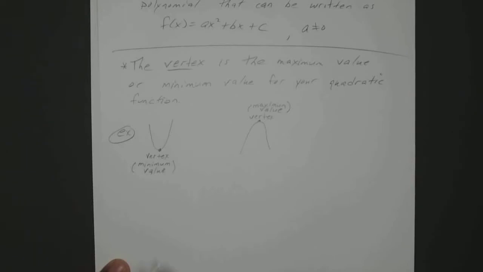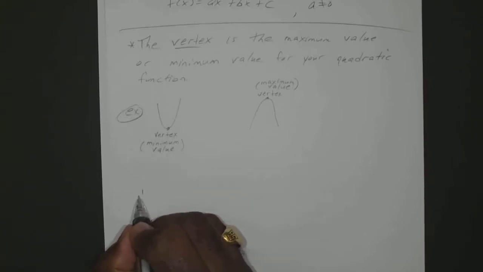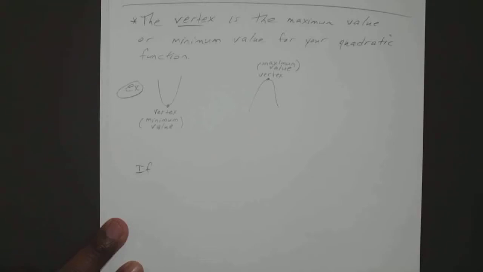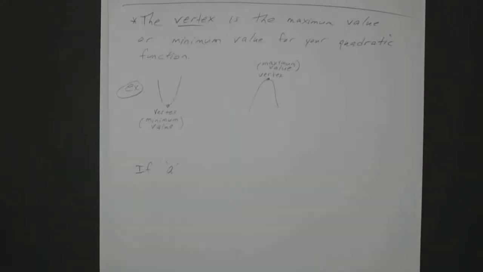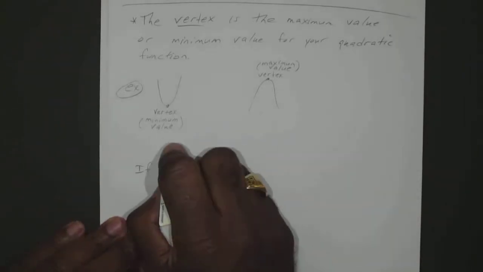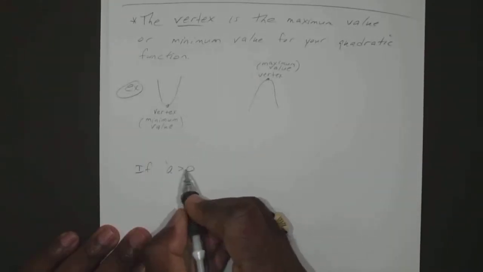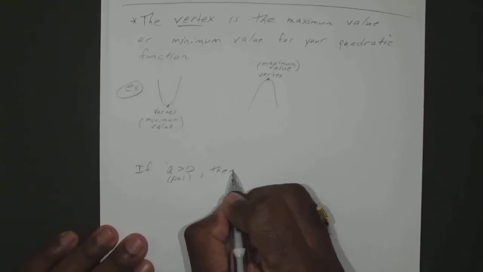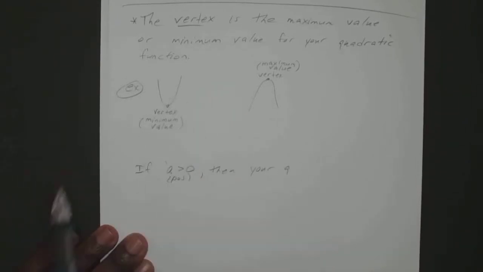Okay. So actually you can tell just by the equation or the function whether or not it's going to be facing up or opening downward. If your a, or your lead coefficient, is greater than 0, or in other words, if it's positive, then your quadratic function will open upward.